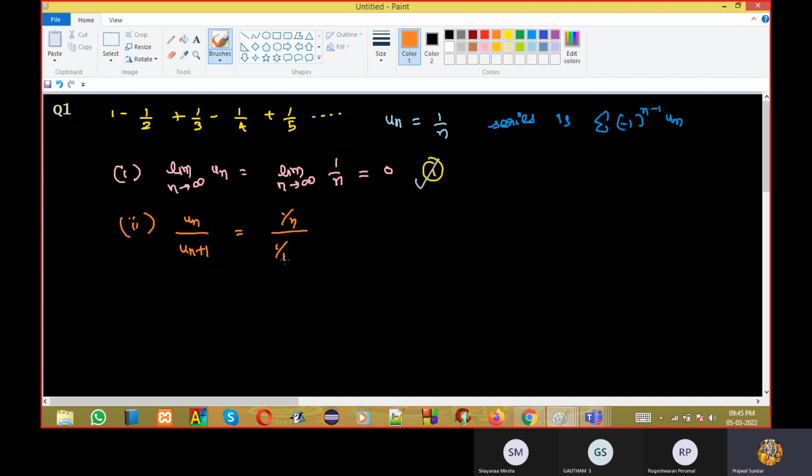You will get (1/n) divided by (1/(n+1)) equals (n+1)/n. See, the numerator is always greater than the denominator. It is always greater than 1 for all natural numbers. So I can conclude u_n is greater than or equal to u_(n+1).